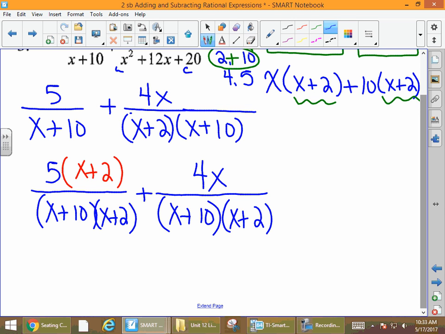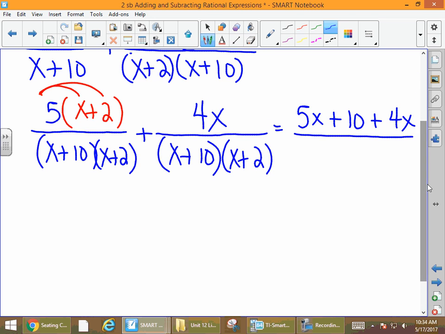But we can combine now. We get 5x plus 10 plus 4x. The 5x plus 10 was from the distributive property. Down here in our denominator, x plus 10 and x plus 2.